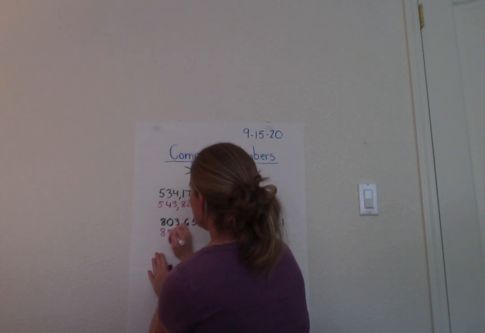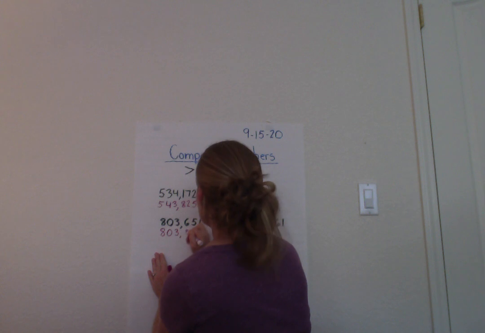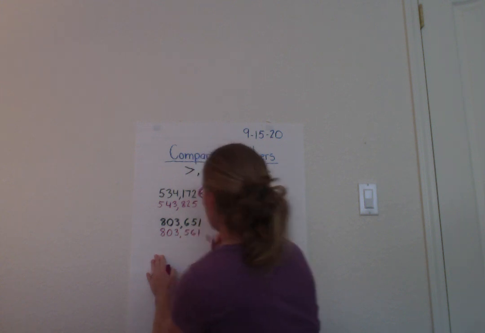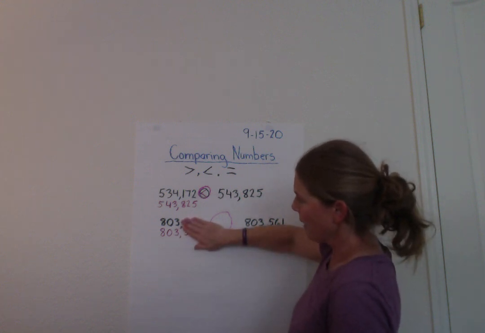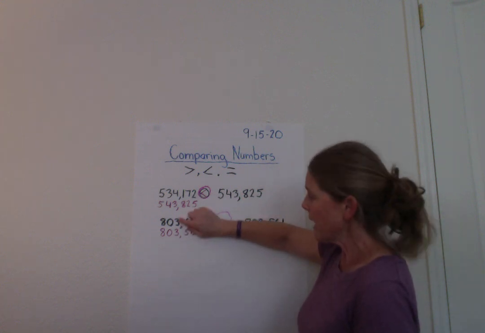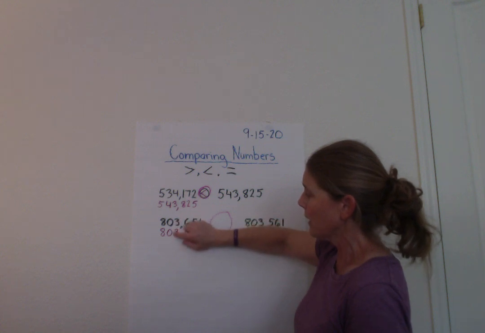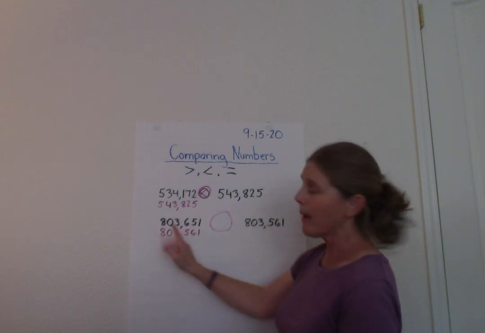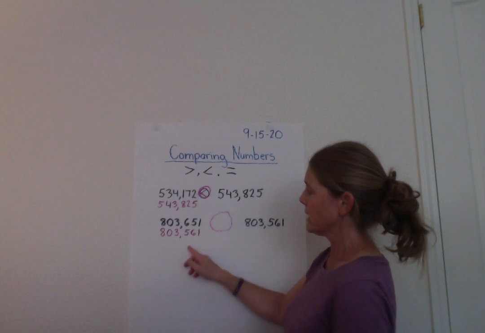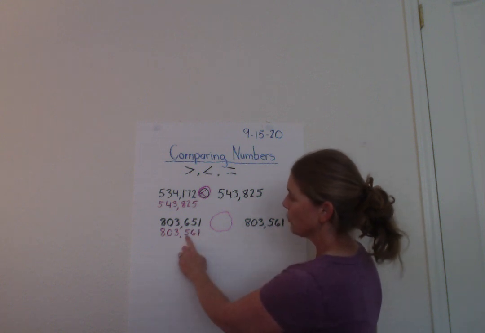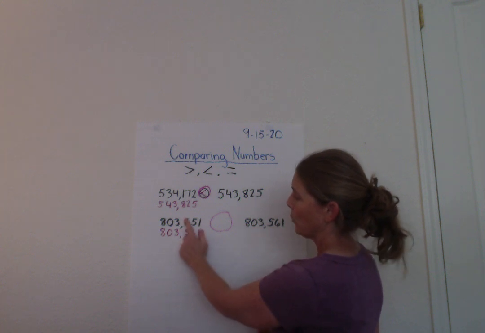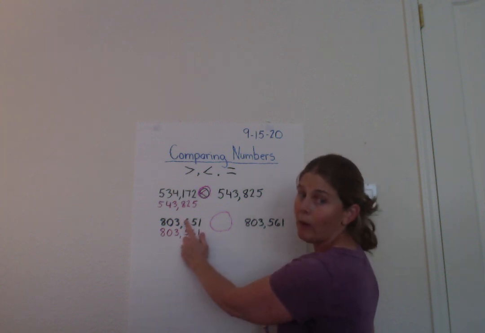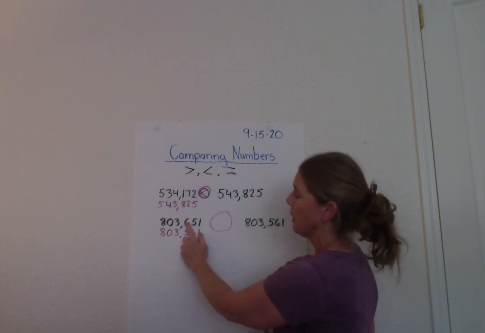I'm going to be really careful about lining up and keeping my place value. Okay, here we go. If I'm just looking at the first three digits, they both have 803. I'm going to move beyond that and start looking at the next three digits. When I get to the hundreds place, ooh, this one's a 5 and this one's a 6. I go to the bigger one because that's going to tell me this number is largest.